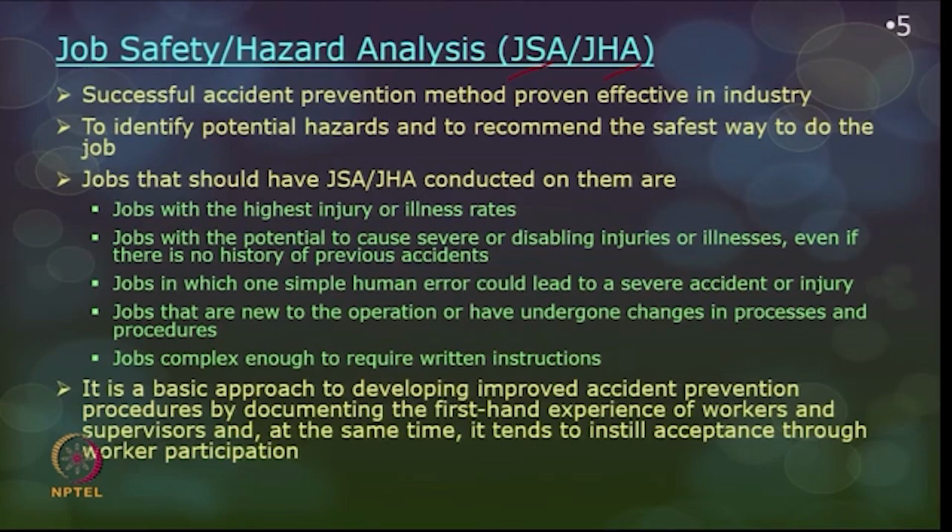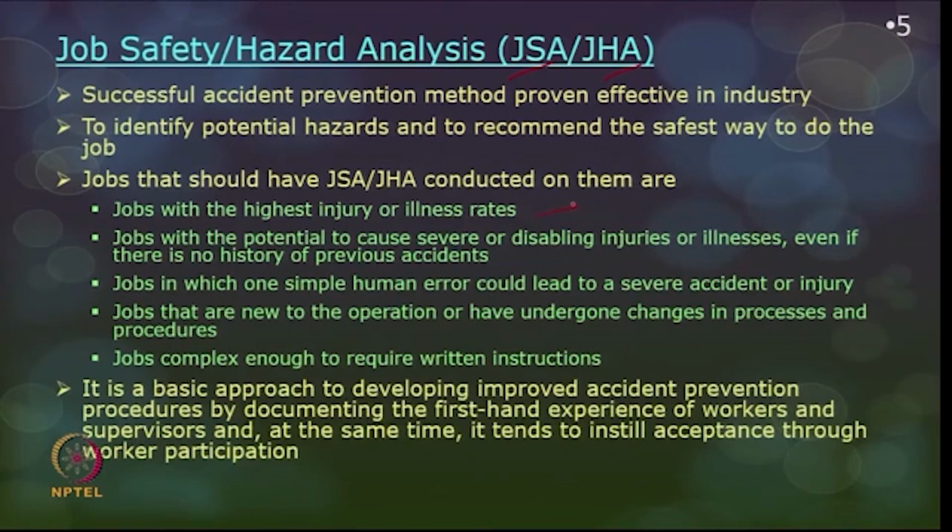Jobs that should have a JSA or JHA conducted, some hints on how to select the tasks: jobs which have the highest injury or illness rates, jobs with the potential to cause severe or disabling injuries even if there is no history of previous accidents, jobs in which a small human error can lead to a severe accident or injury, jobs that are new to the operation or have undergone changes in processes or procedures, and jobs complex enough to require written instructions. For all these, you may think of doing the JSA or JHA.